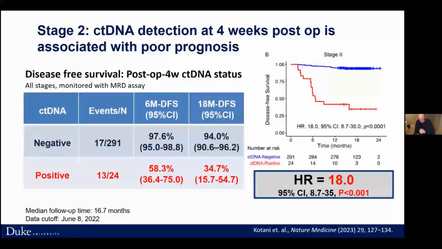So Dr. Alistar, I remember well, she used to be up the road from me before she moved away. But Dr. Alistar, if you were to give this patient something, stage 2, T3N0, MSI high, positive circulating tumor DNA, if you were going to give this patient some kind of treatment, what would you give them? Well, I think it begs the question if we shouldn't use immunotherapy for a patient like this.